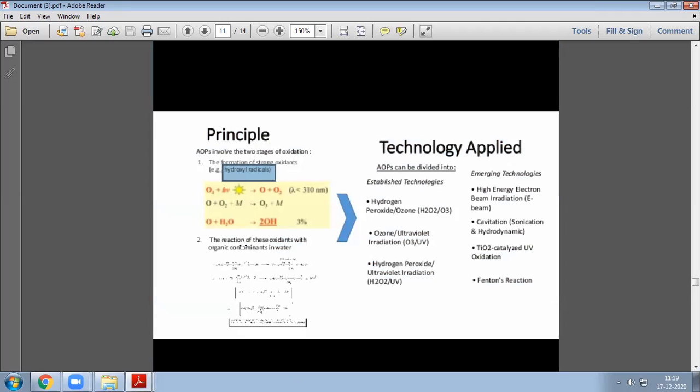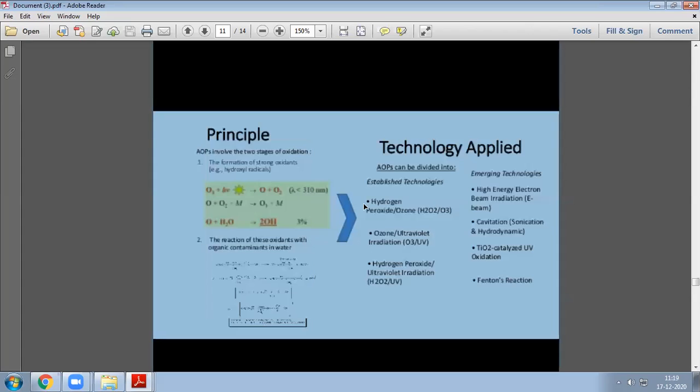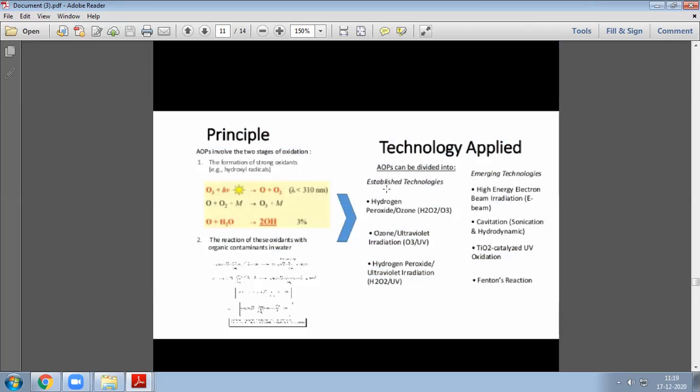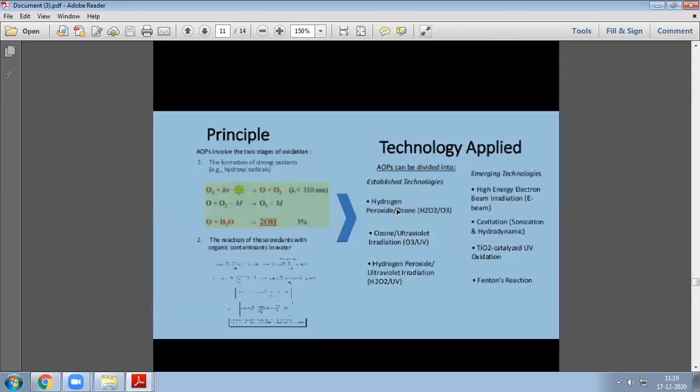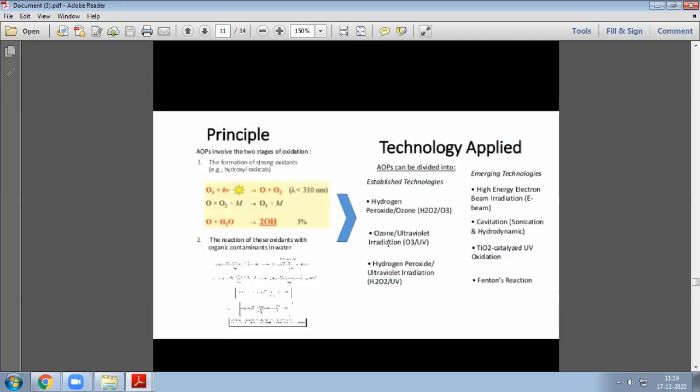These radicals then react with contaminants in the water. So these are the two principles that happen. What are the methods that are already there, and what is the emerging technology? They have grouped them into two here. We have hydrogen peroxide or ozone. Next you have, wait a minute, okay.